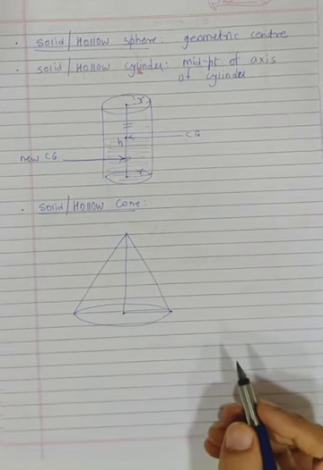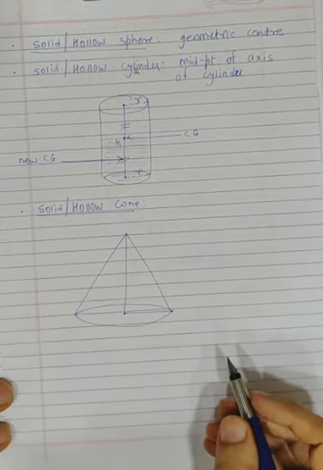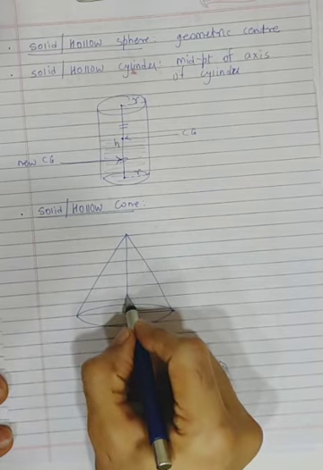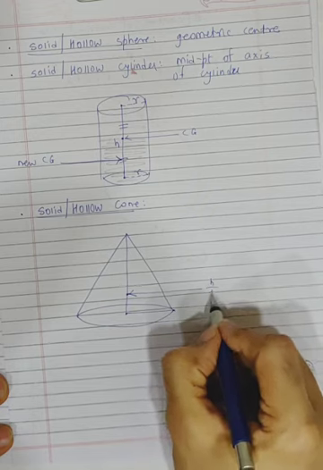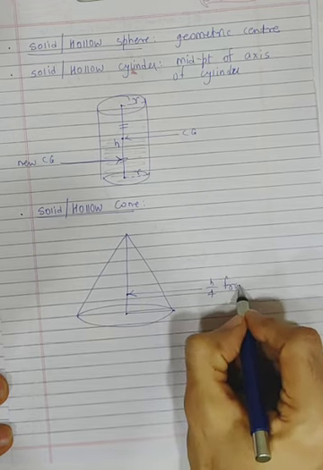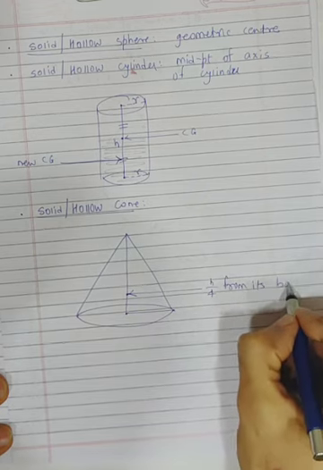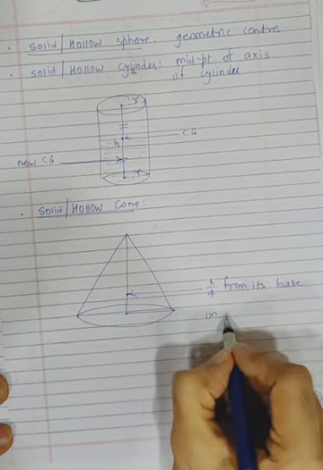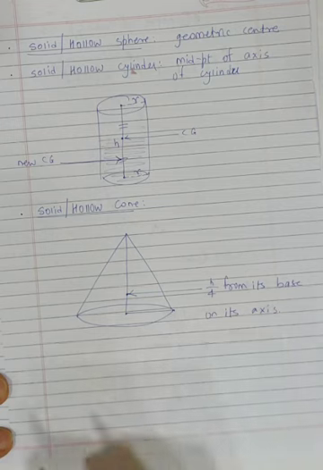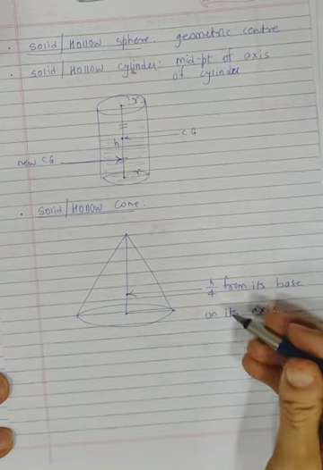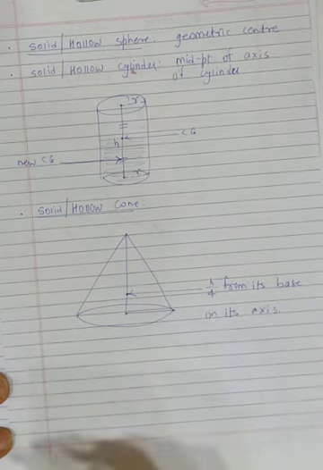Where will the center of gravity be for a solid cone? It will be at this point, h/4 from its base on its axis. Okay, the whole thing is important, only h/4 is not correct. So it is at a distance h/4 from the base on its axis.